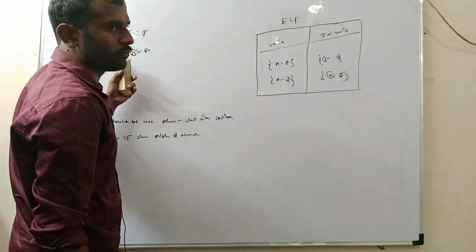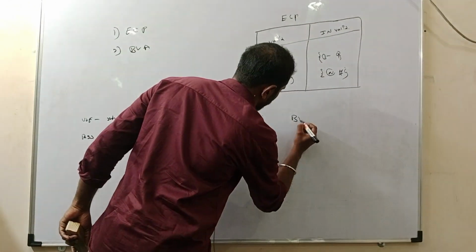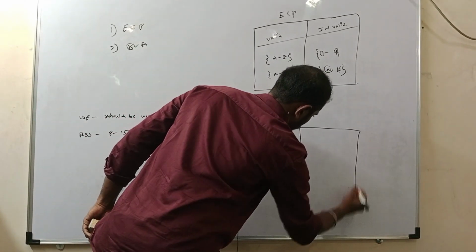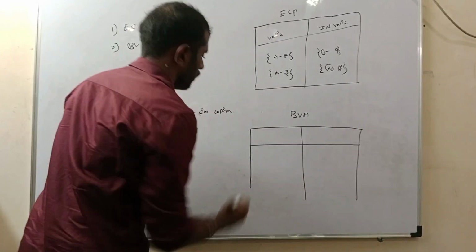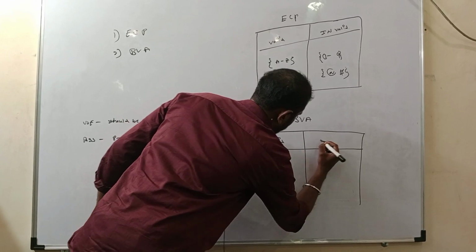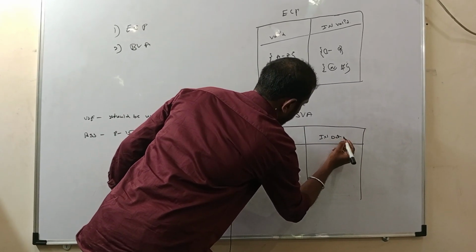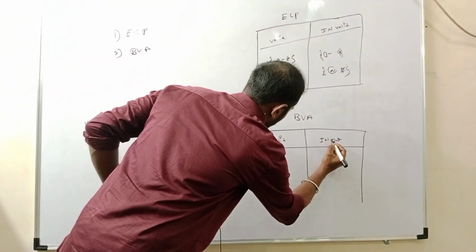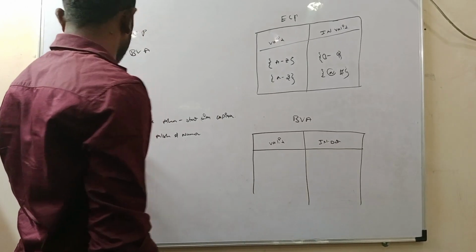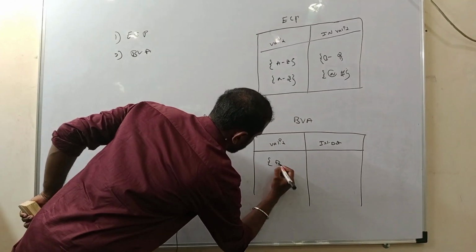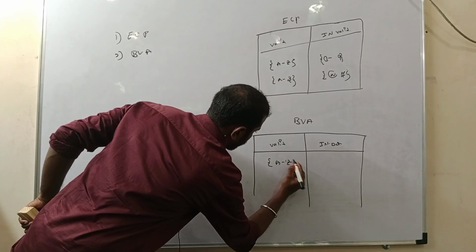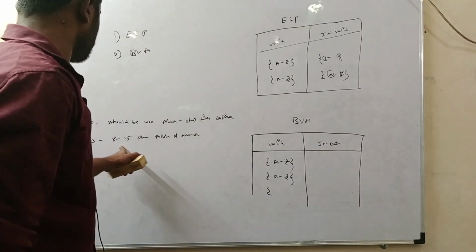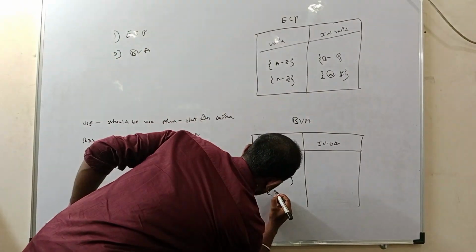Now we talk about BVA. In BVA, we take valid data and invalid data, sir. First of all, we use the password, which has alphabets A to Z and also small a to z.